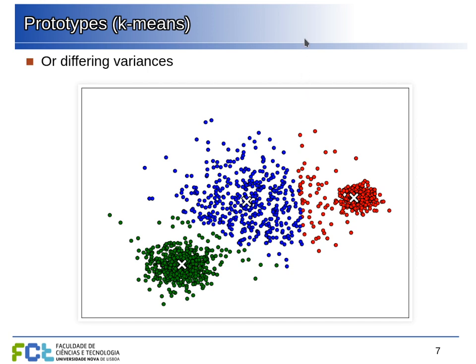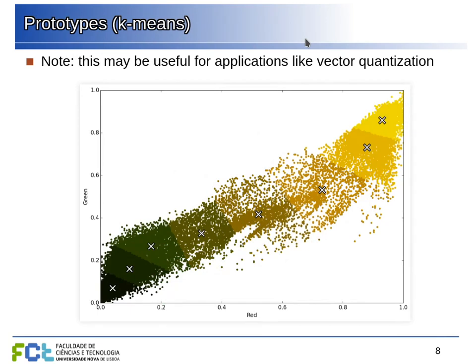So this is a problem with k-means when we're trying to do clustering of these kinds of distributions, and it's a problem if we are trying to separate these clusters, but note that for other purposes this may actually be useful.